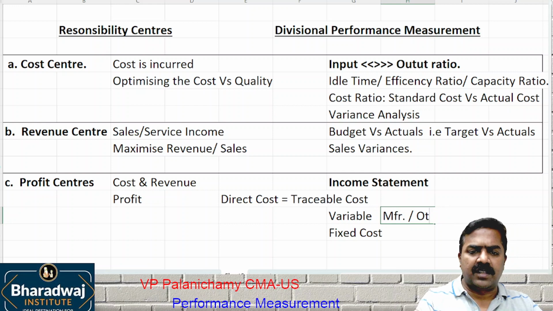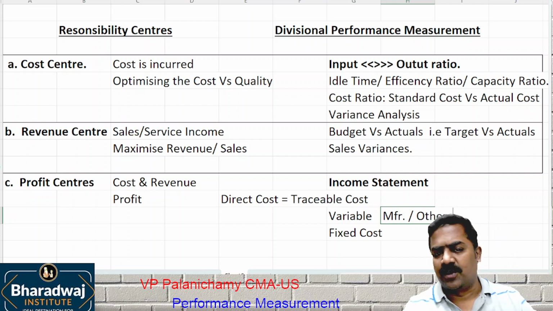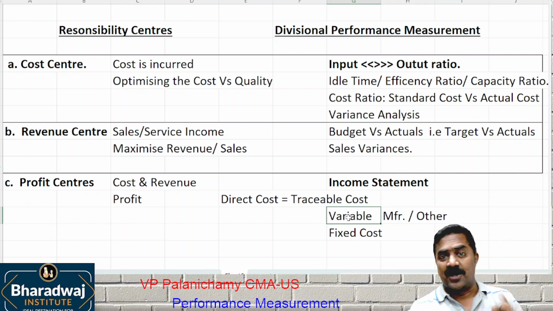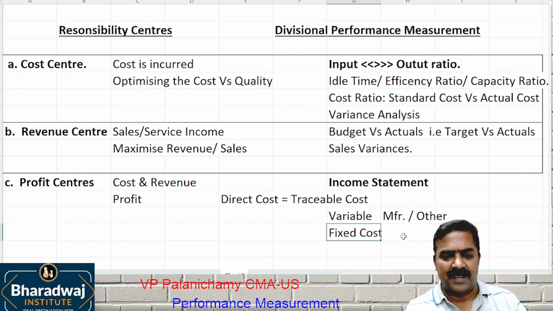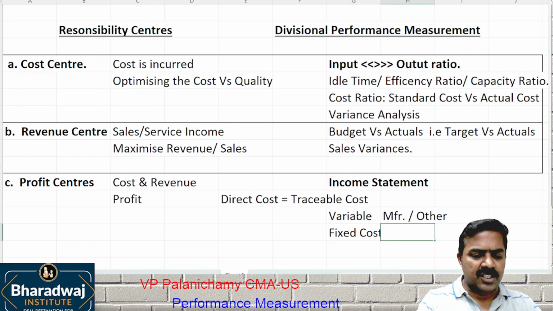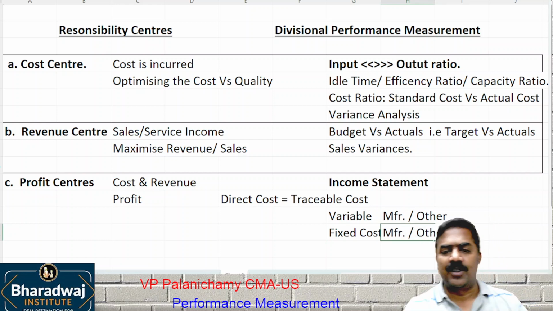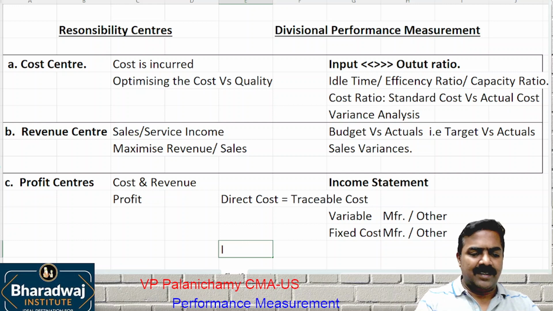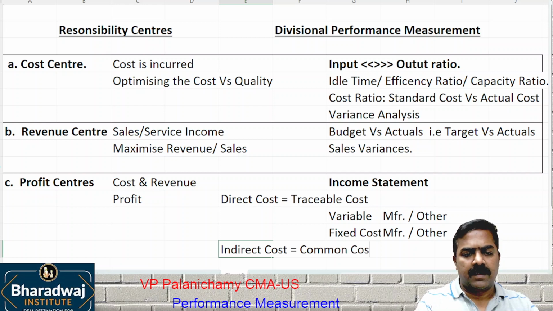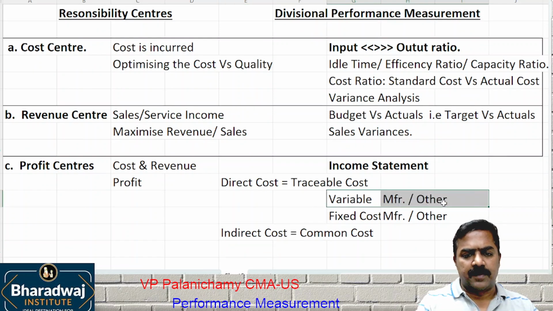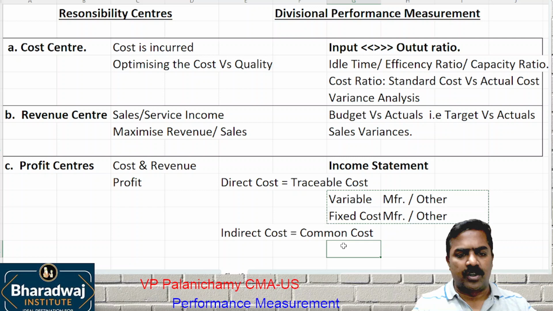This can be further classified into controllable versus non-controllable. Certain variable cost you can control, certain variable cost you cannot control. Same way, fixed cost can be classified into manufacturing related and others, which may be controllable or non-controllable. And indirect cost will be there. Indirect cost means common costs. Again, common cost may be variable or fixed, it may be controllable or non-controllable.